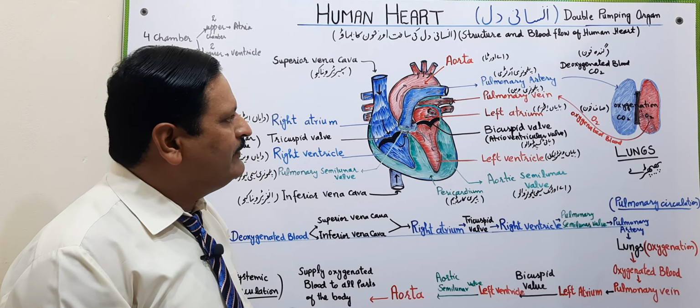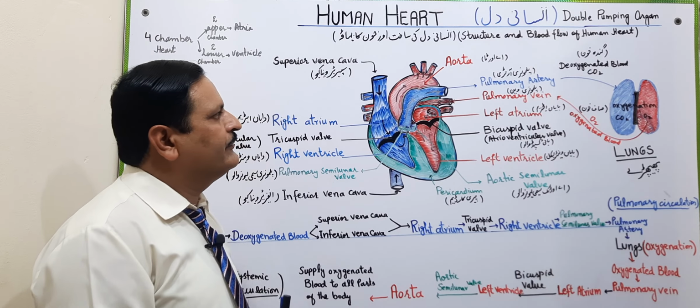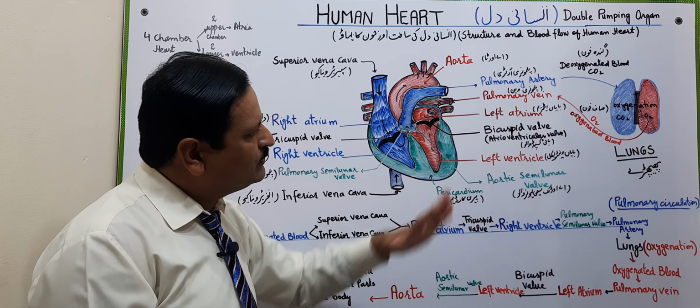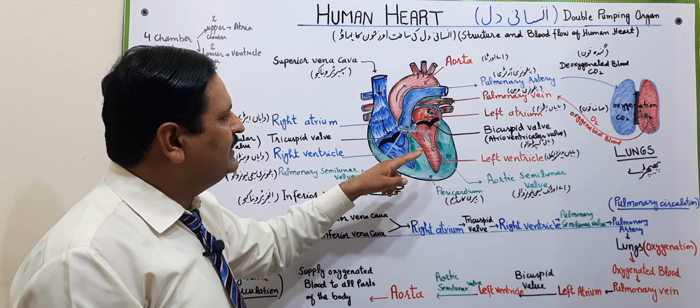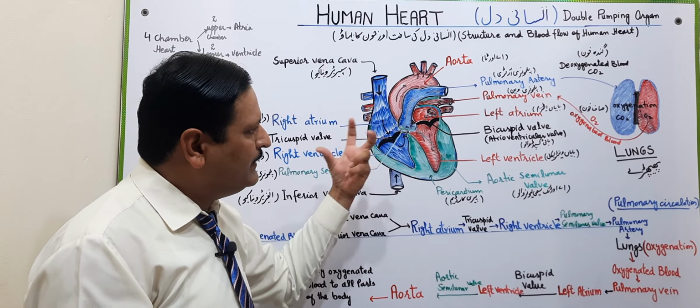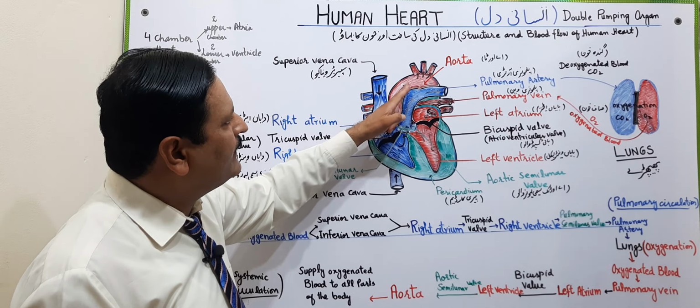A bicuspid valve is that valve which prevents the backward flow of blood from the left ventricle to the left atrium. Then when the left ventricle pumps the blood, it moves to the aorta.